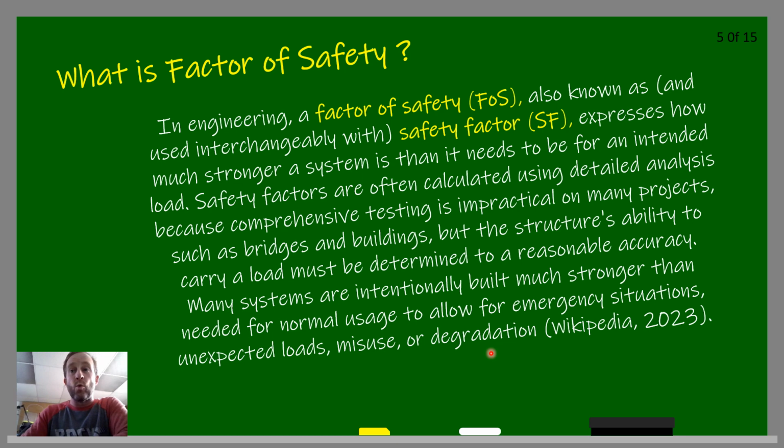But what if something happened in the transportation of those pieces to the site or when they're being manufactured? What if something happened to them? We're not here to fully talk about that. Instead, we're going to talk about the factor of safety and how to calculate it, and then maybe take a look at an example. So let's move ahead.